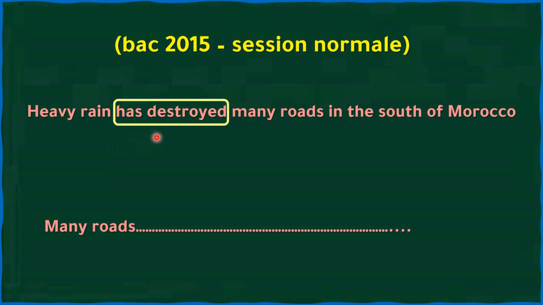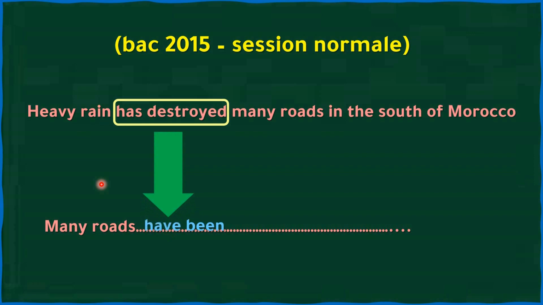Has destroyed. So automatically we put the verb to be in the present perfect, which is I have been, you have been, he or she or it has been. Look here, many roads. It is plural. Have been.